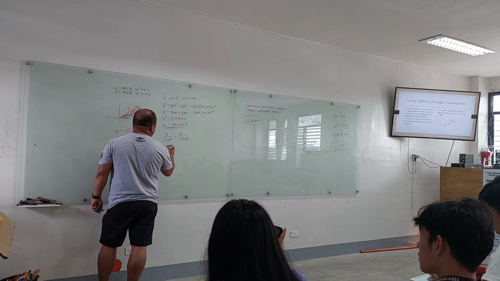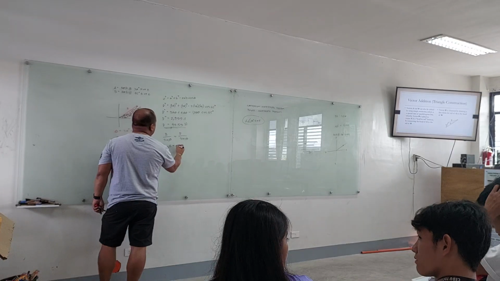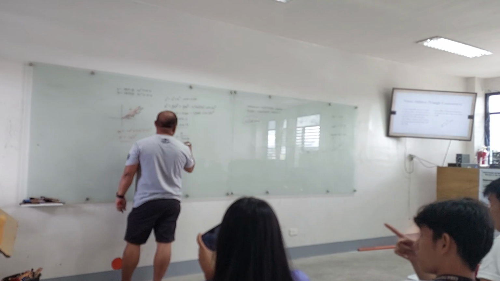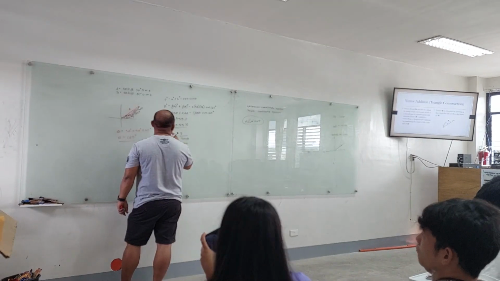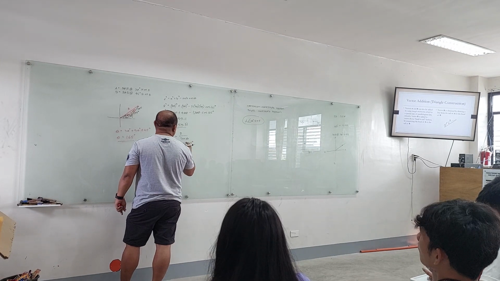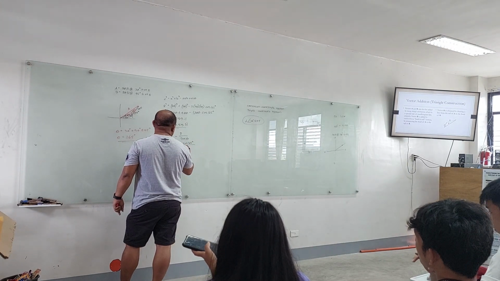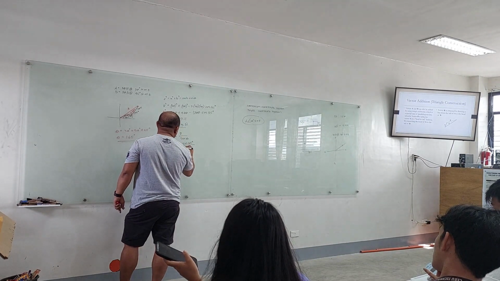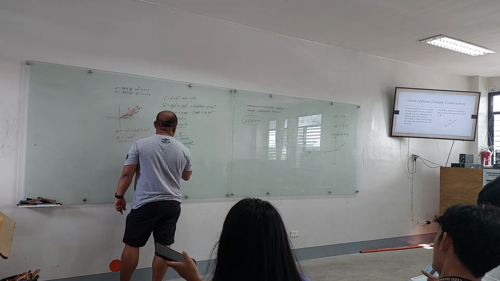So sine beta is equal to B sine of 165 degrees over R, which is 20 sine of 165 degrees over 49.59.